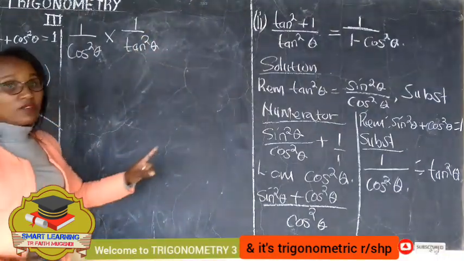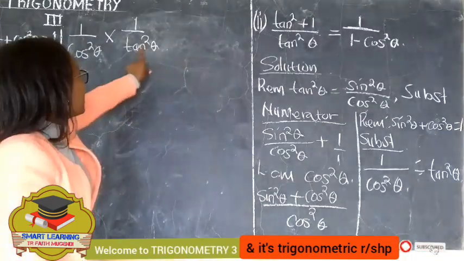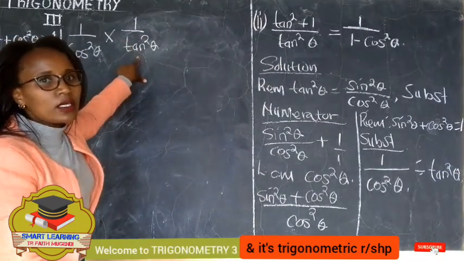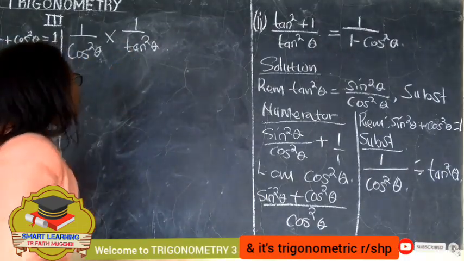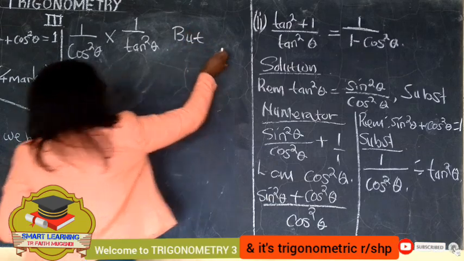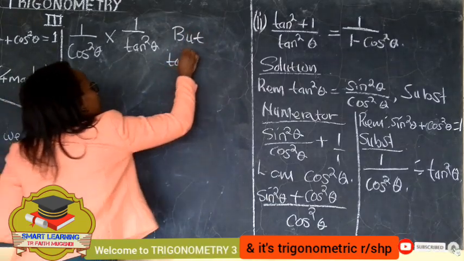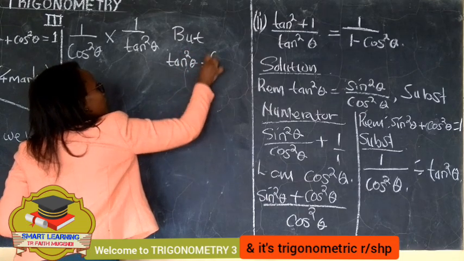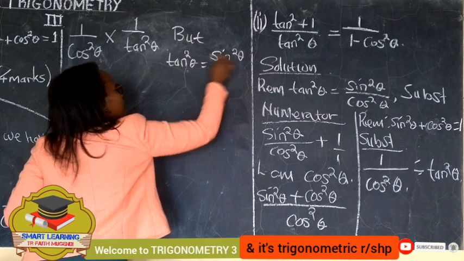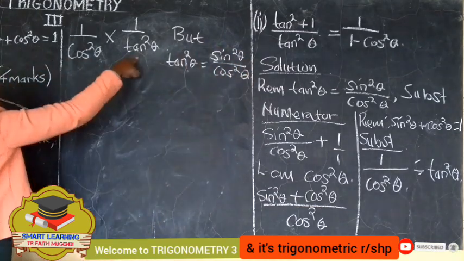But remember, we said for you to successfully deal with such questions, we don't want anything that is not cos and that is not sine. So you know that tan squared theta is equivalent to sine squared theta over cos squared theta. So we substitute it here.